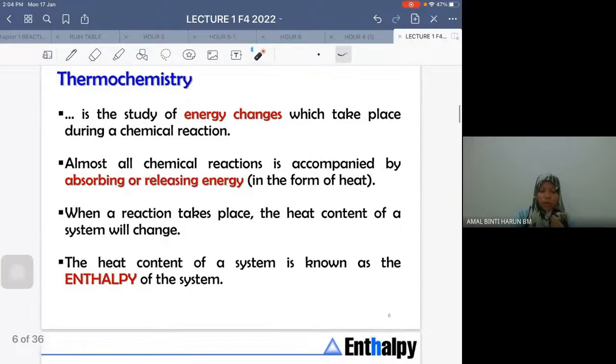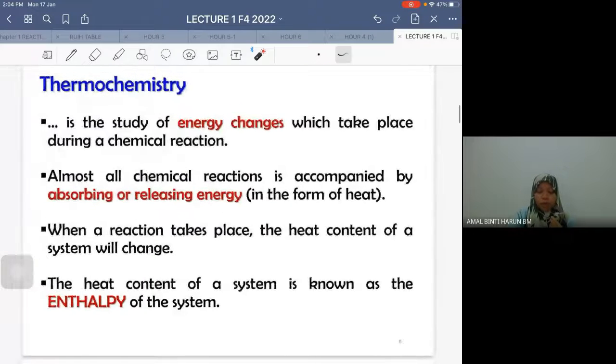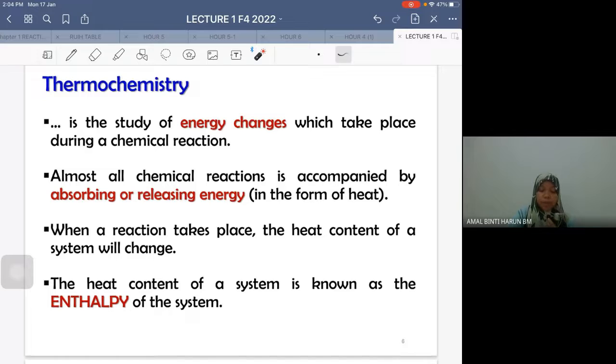Right. So we begin with the concept of thermochemistry. So it's about the energy changes when the chemical reaction occurs. So almost all chemical reactions are accompanied by absorbing or releasing energy. Sebab tu kita nak tahu sama ada dia heat release or heat absorb, endo ataupun exothermic reaction.